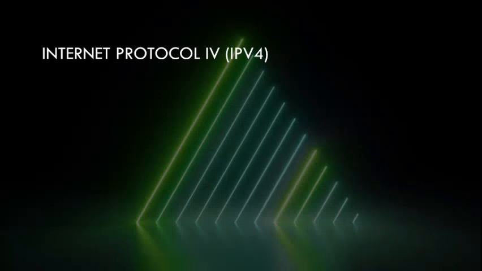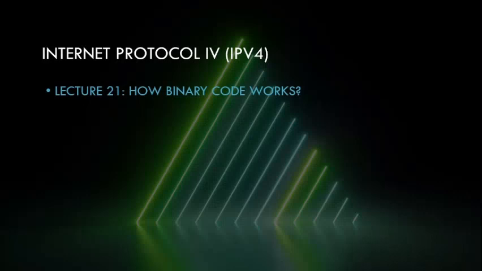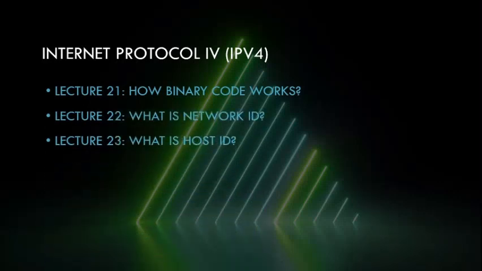Then we discuss the internet protocol, mainly IPv4. The same things apply to IPv6. These are the main things for networks to communicate with each other. Without protocols, we can't communicate with each other. We cover how binary code works, what is network ID, what is host ID, what is subnetting, and what are CIDR notations.